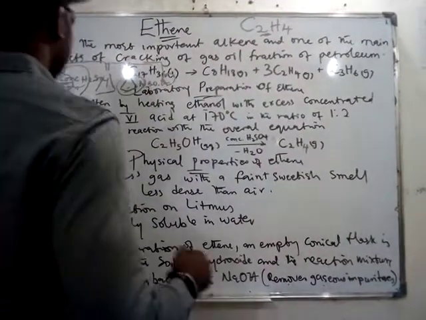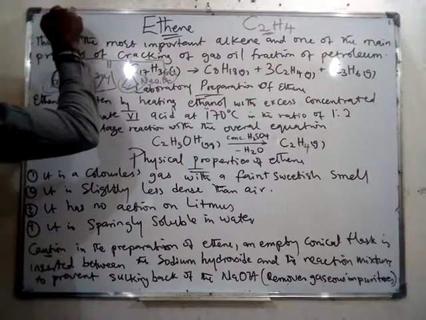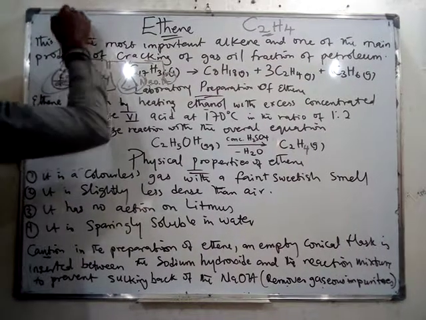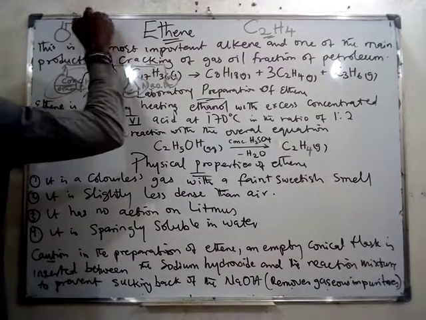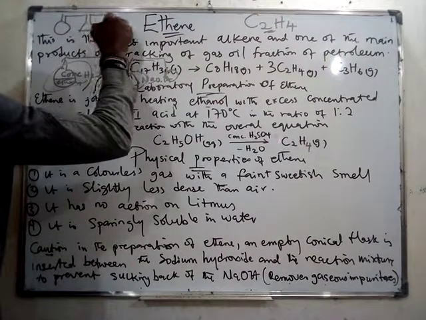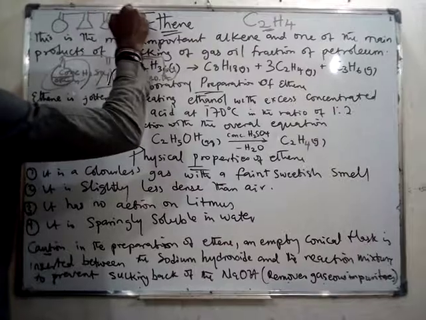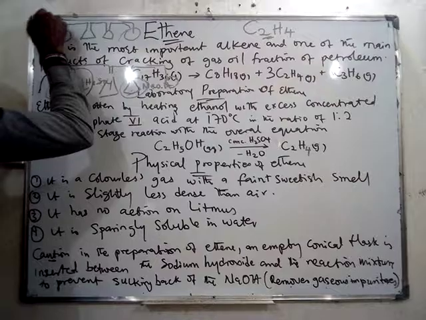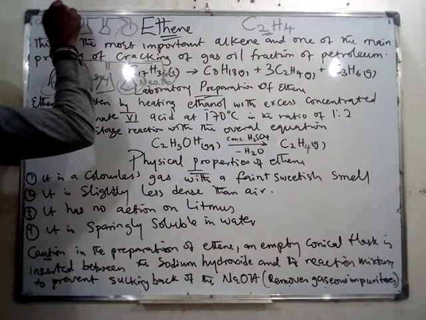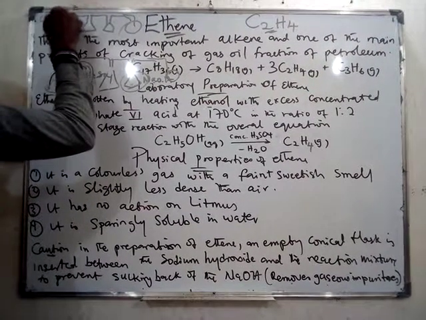So this is the structure of the production plant. First of all, you have your reaction mixture, connected to an empty conical flask, then connected to sodium hydroxide, then connected to where you get your output. So in this reaction flask, you have concentrated H2SO4 and ethanol.